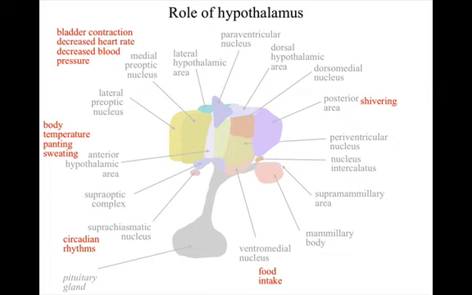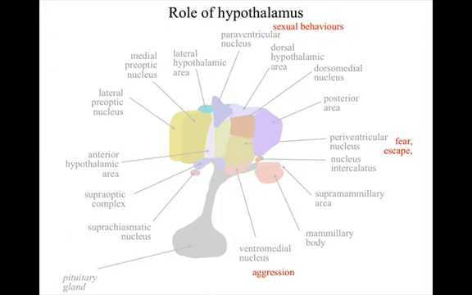It regulates appetite and thirst on the basis of glucose and water levels in the blood. It adjusts body parameters like blood pressure and the degree of arousal throughout the day, including the wake-sleep cycle. Then, it also plays roles in emotion-driven behaviors, for example, making appropriate body adjustments in response to external threats, such as increasing heart rate and blood pressure.